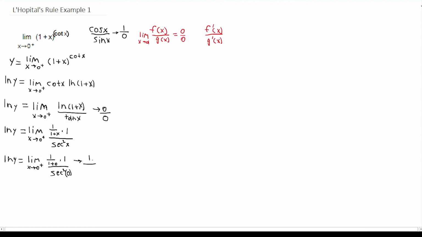And the denominator, secant squared, I will simplify into 1 over cosine squared. Now it's easier to figure out that value. If we substitute a 0 into that, we get 1 over 1, because the cosine of 0 is 1, squared is 1.